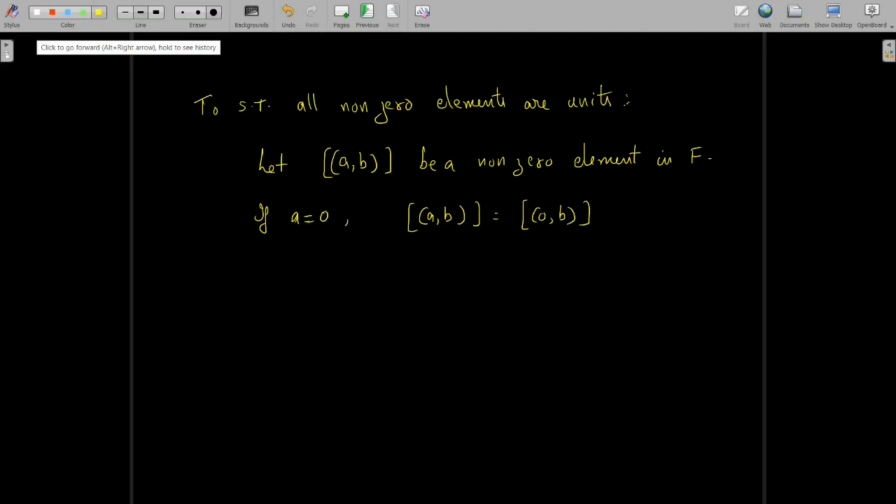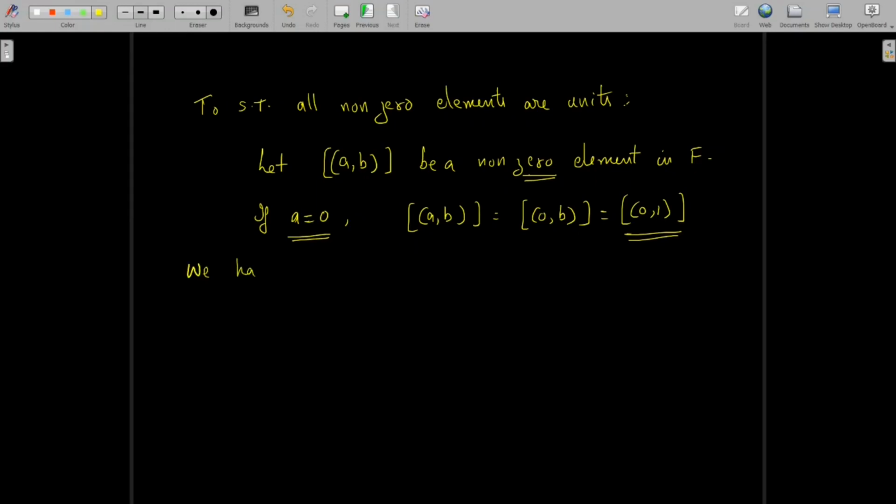And we have already shown that this is equal to the equivalent class 0, 1, since the element 0B is equivalent to the element 0, 1. And the equivalent class 0, 1 is the additive identity element in F, which we have referred to as 0 in F. Here we have taken an element AB, which is a non-zero element in F. Therefore, A equal to 0 is not possible here.